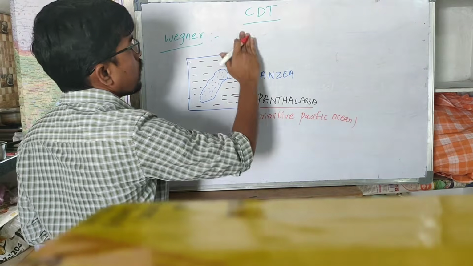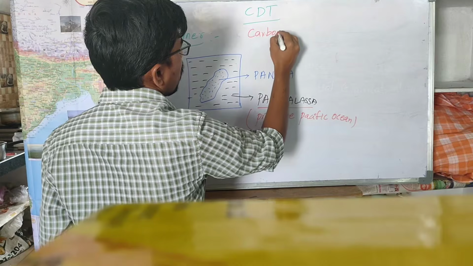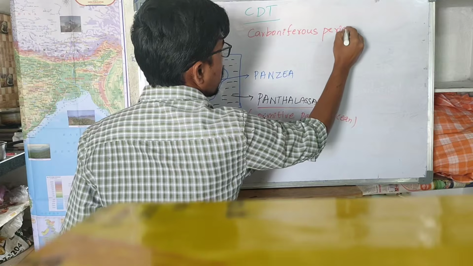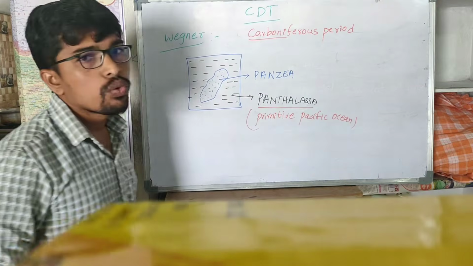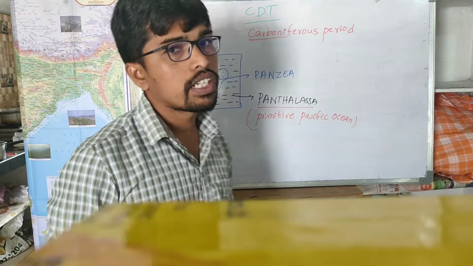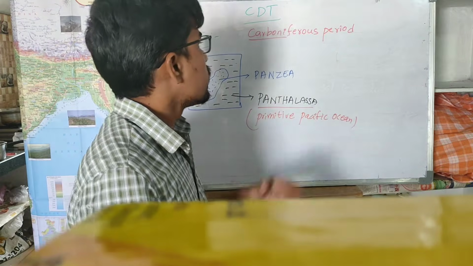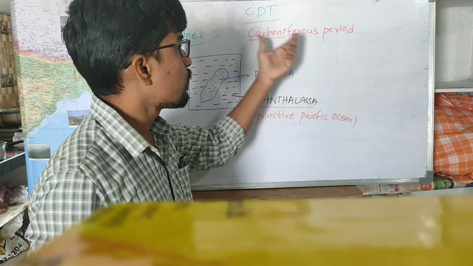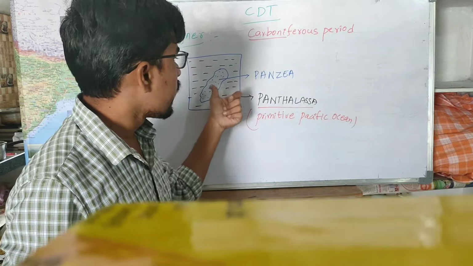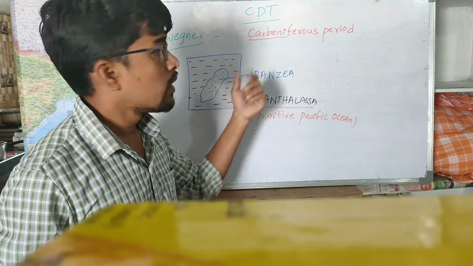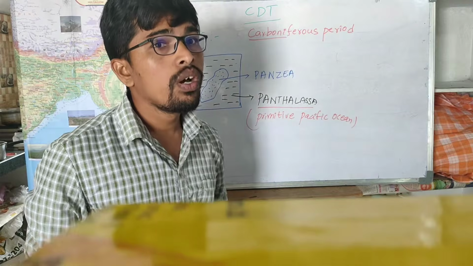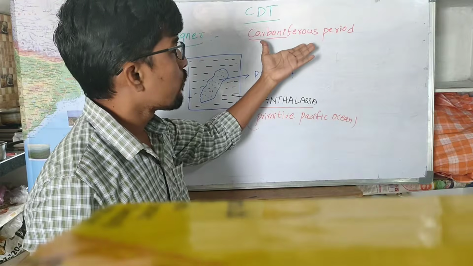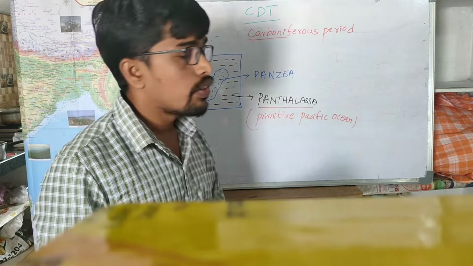Only the Carboniferous period, which means the period when carbon, that is coal deposits, were formed. Wegener took the Carboniferous as the reference for the breaking of these continents because he wanted to know how the coal deposits were formed in the European countries.